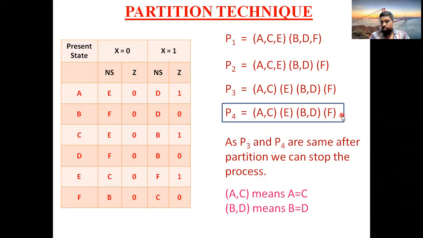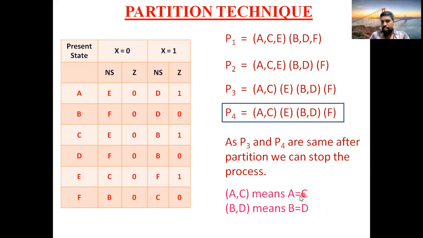So at the end of the partition, if a group consists of two or more states, it means that all the states present in the group are equal. See here, A comma C are there.